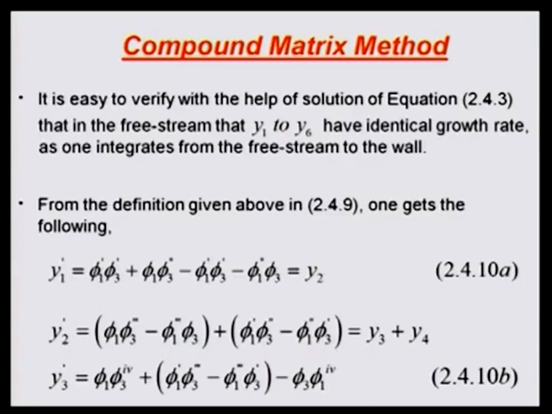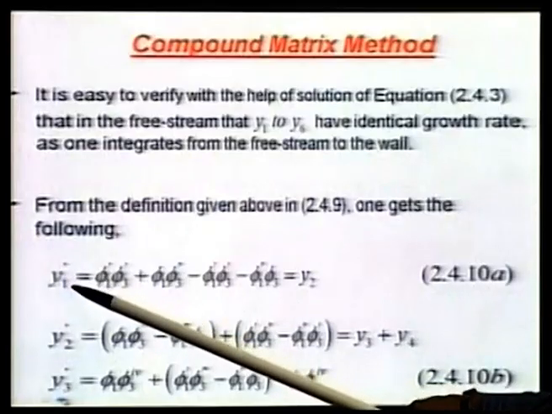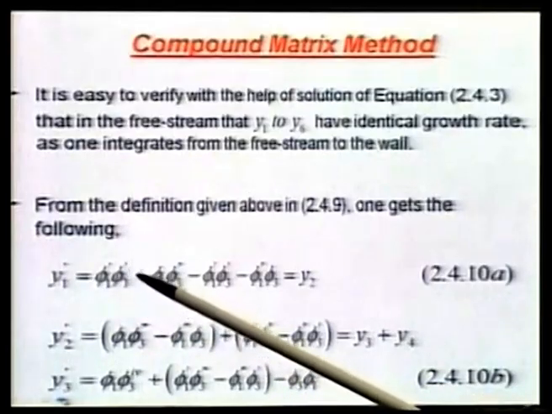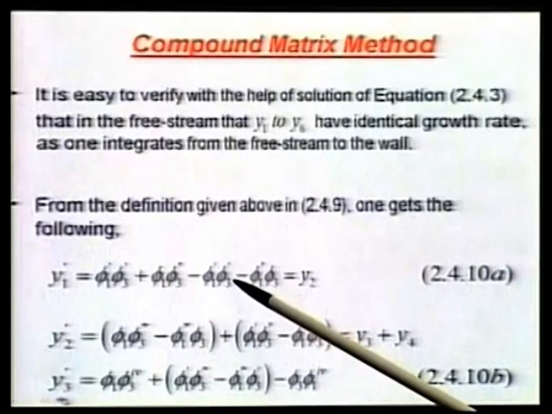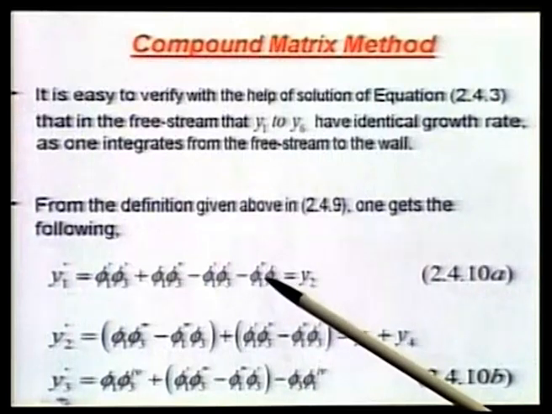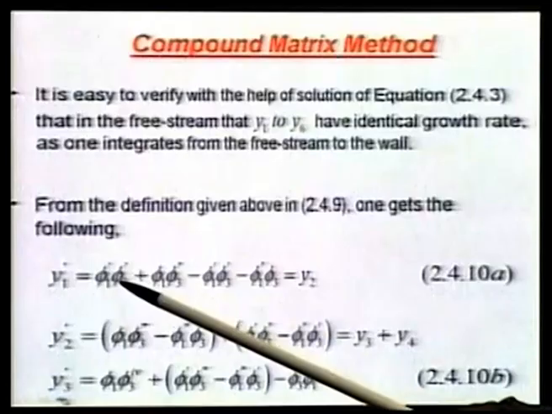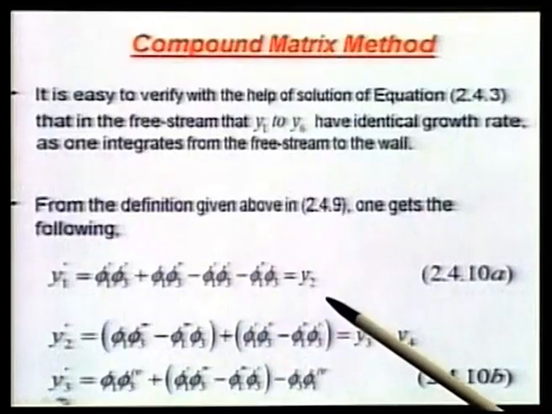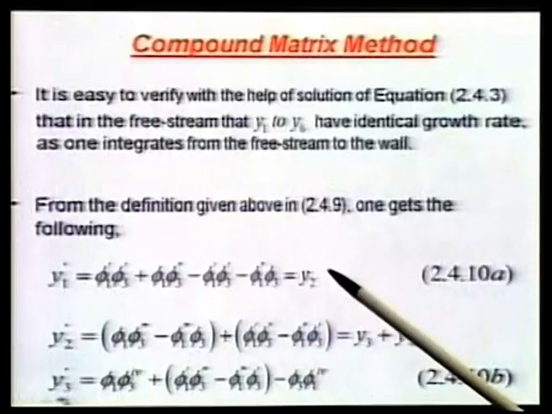By utilizing the definition of the variable itself, for example, if I differentiate y1 with respect to y, that is y1 prime would be nothing but phi 1 prime phi 3 prime plus phi 1 phi 3 double prime minus phi 1 prime phi 3 prime minus phi 1 double prime phi 3. You can see these two cancel, and this is nothing but the definition of y2 itself. So, one of the equations immediately obtained was y1 prime equal to y2.